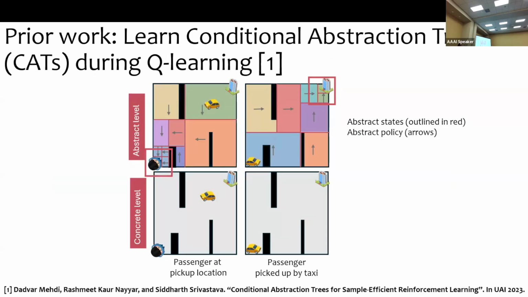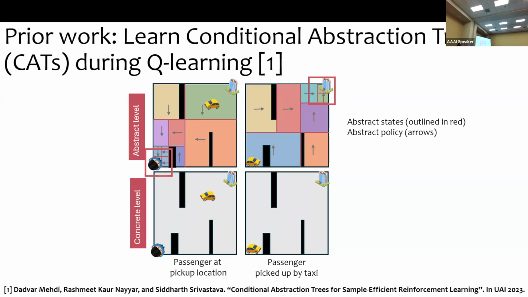Now, we had some prior work where we were able to show that we can learn state abstractions autonomously on the fly during Q learning. We call these abstractions conditional abstraction trees. They're formally represented in the form of a tree, but I'm just showing an illustration here. The abstraction on the left is for when the passenger is at the pickup location, so it's more granular towards the pickup location of the passenger.